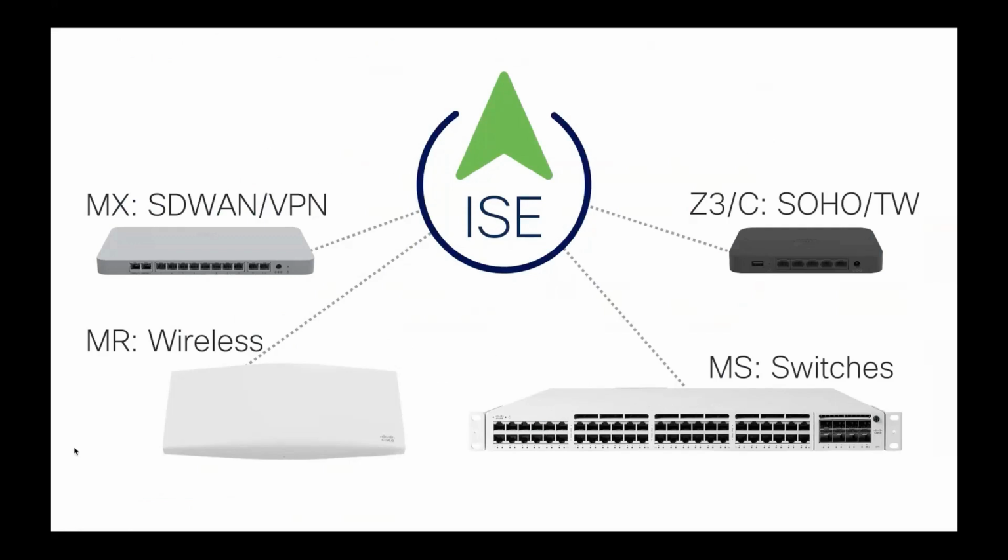And then down below that, you have the MR, or the wireless access points. Those obviously you can deploy behind the MX SD-WAN VPNs, and your traffic can travel between different sites that way. Or you can actually deploy the wireless APs standalone.